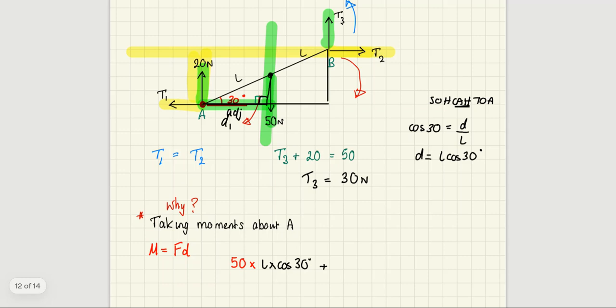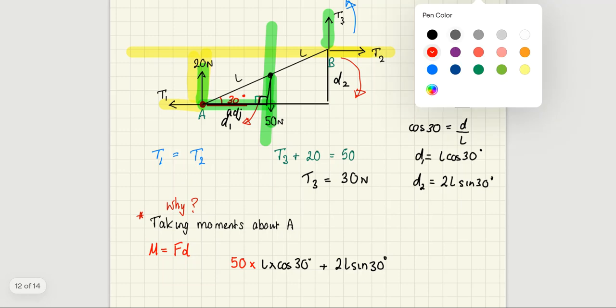So this one was D1. This one is D2. So it's actually sine, isn't it? So it's going to be 2L sine 30. Okay, that's those two red ones done.